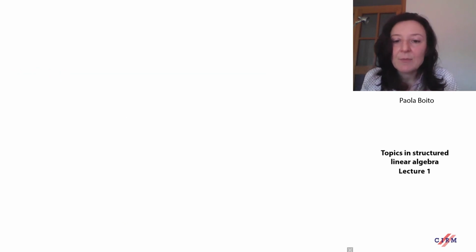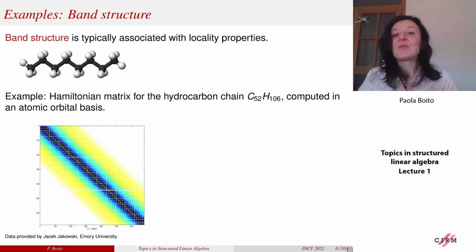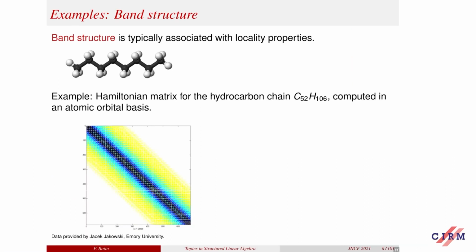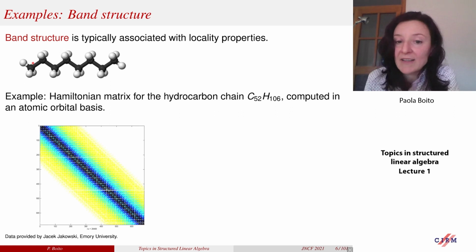Here's another example from physics, again, in order to illustrate the relation between band structure and locality properties. In this example, we take a physical system, which is a hydrocarbon molecule. Okay, so in a hydrocarbon, what we have is a chain of carbon atoms, the ones in black.